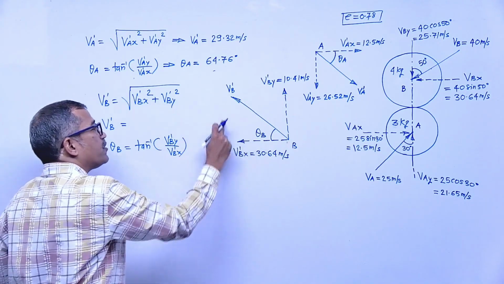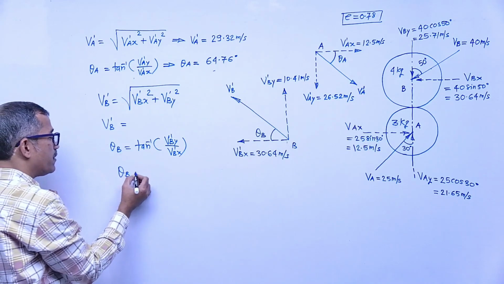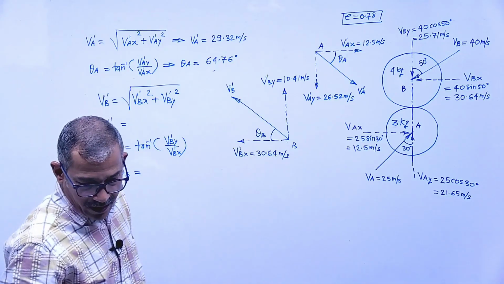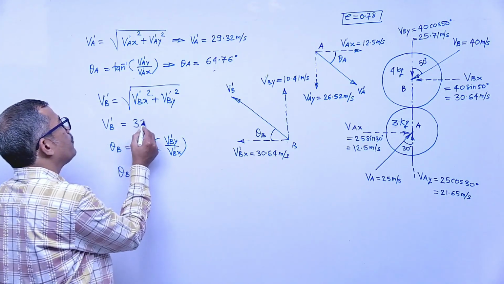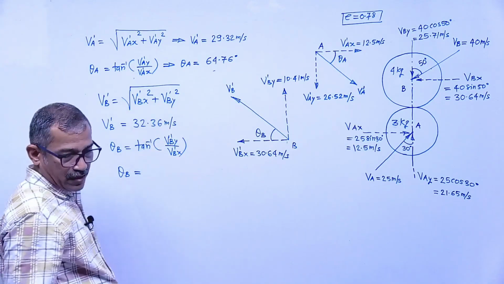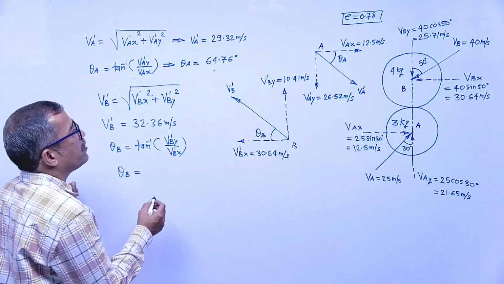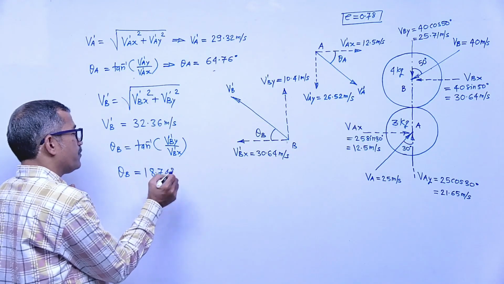Opposite means vertical, 10.41. So theta B we get. VB dash comes out to 32.36 meters per second, and the inclination of velocity with horizontal is 18.74 degrees. Clear?